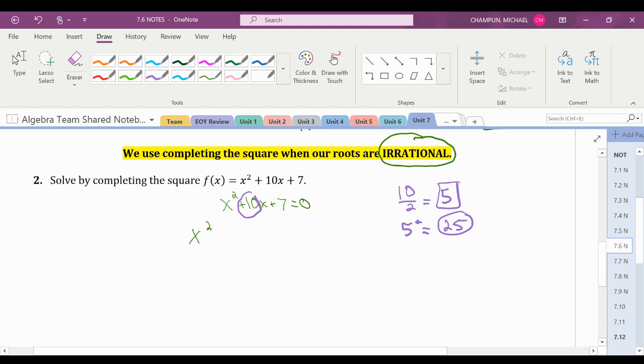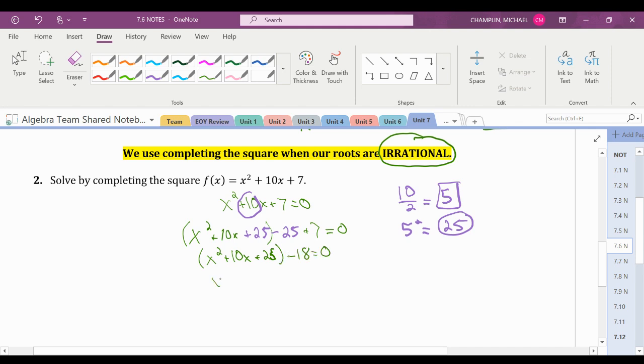So I have x squared plus 10x. And now I'm going to always add first, add 25, subtract 25, and I have my plus 7, which equals 0. I put my parentheses around, and now I'm going to combine like terms. So I have x squared plus 10x plus 25, minus 18 equals 0.